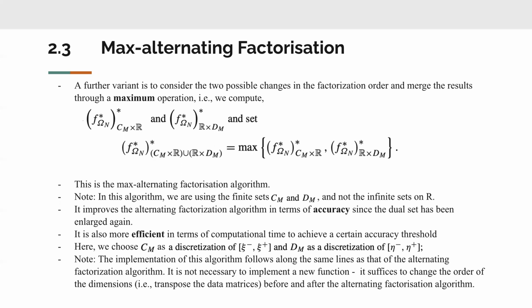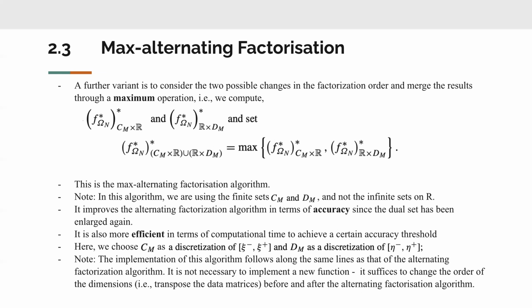The max alternating factorization gives a higher accuracy than the alternating factorization, since the dual set has been enlarged, and it's also more efficient in terms of computational time. So we choose CM as the discretization of this and DM as the discretization of this, as we already saw earlier. And just to mention, the implementation of this algorithm need not be done separately.